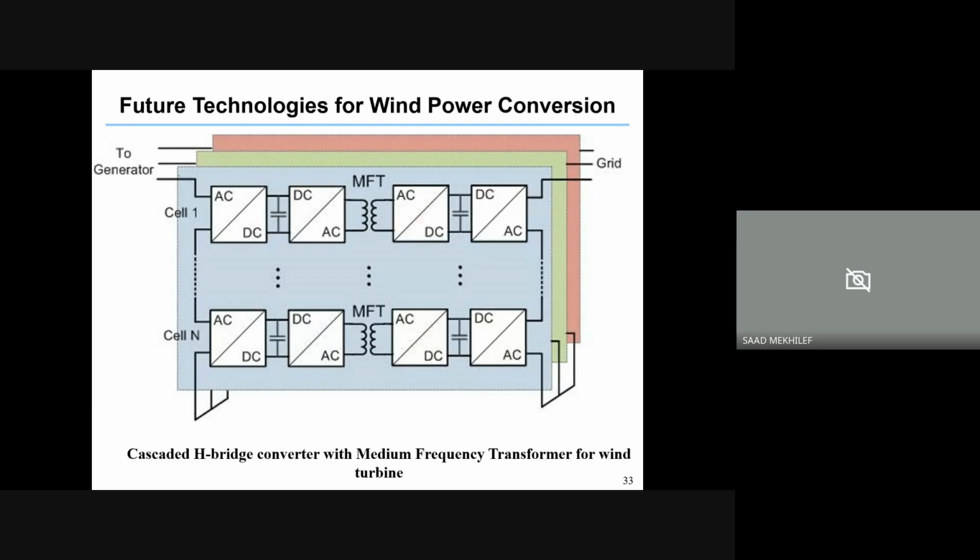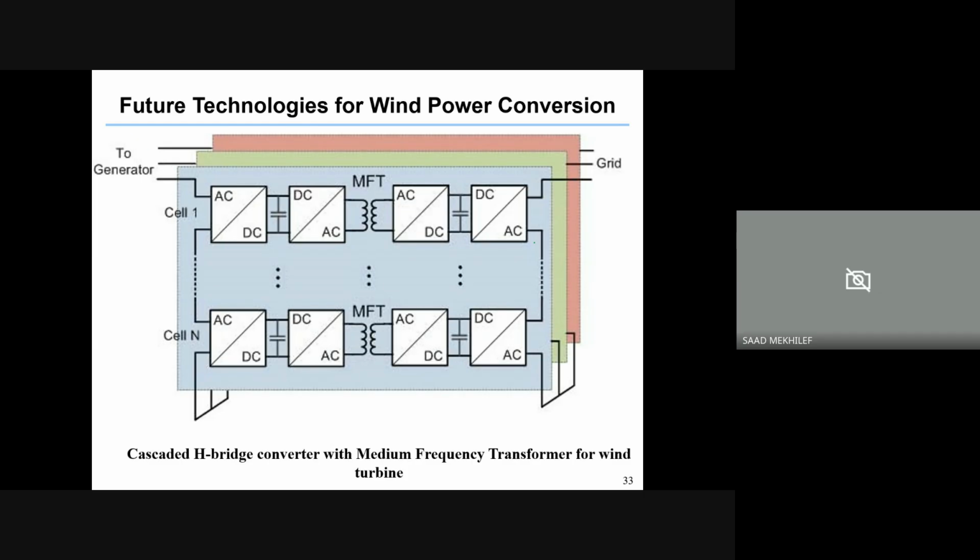So you have back-to-back AC to DC, and then you can have an MFT, a medium frequency transformer, not even a high frequency transformer, and then you connect to the grid. So you have the generator, and then you connect to the grid.